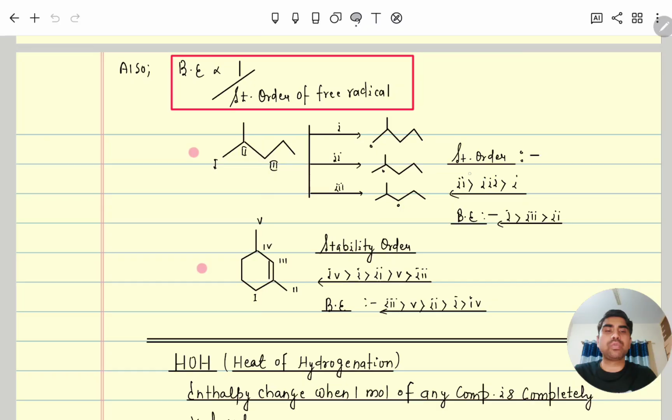The 1 degree has the minimum stability, so its bond energy will be maximum. Clear? A question on this is there.